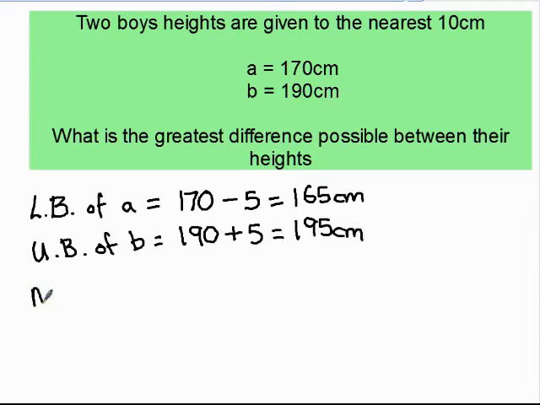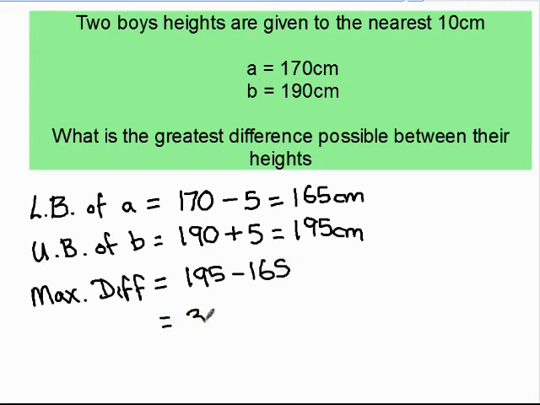So to answer the question, the maximum difference would be 195 subtract 165, giving an answer of 30 centimetres. And that's how bounds are used.